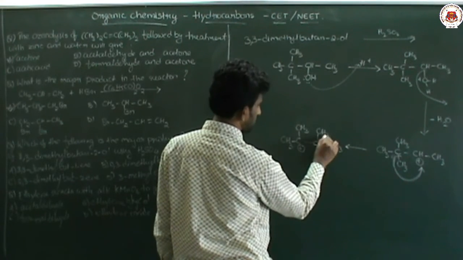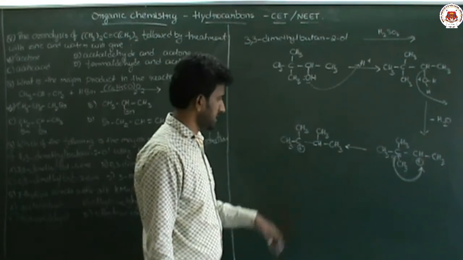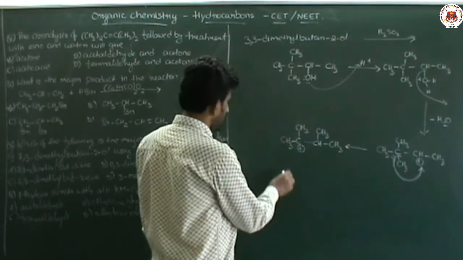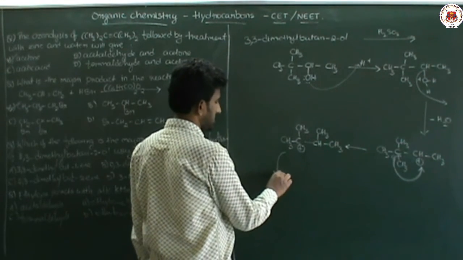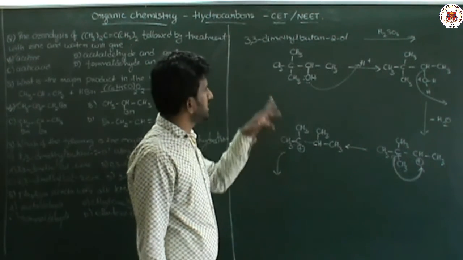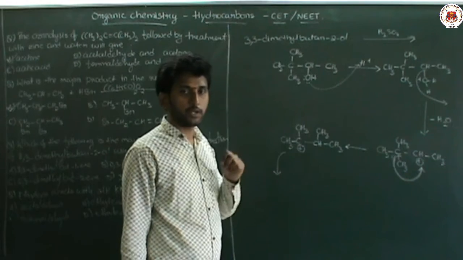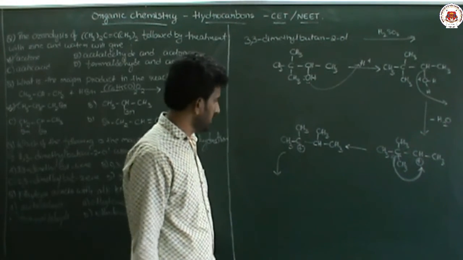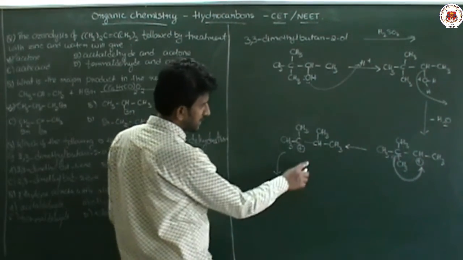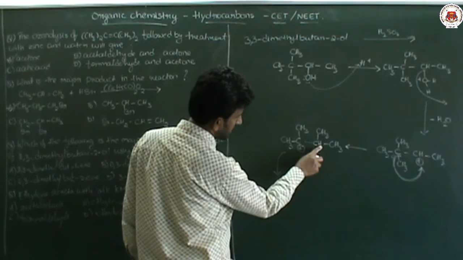I have written this CH3 upside for ease. After this, it is an elimination reaction. Dehydration means removal of water. What should be formed? You should get a double bond, an alkene. So the next thing you need to remove is this hydrogen.